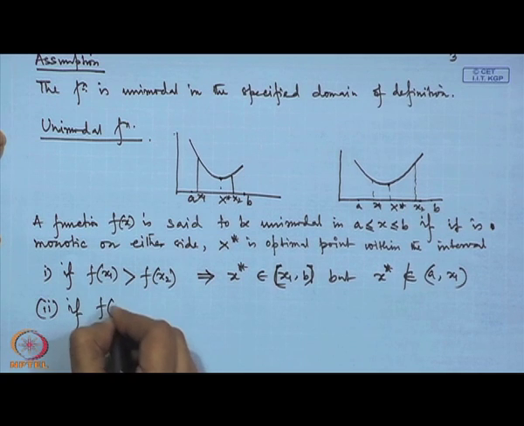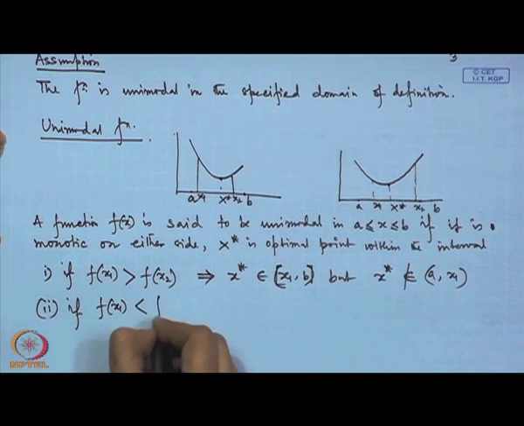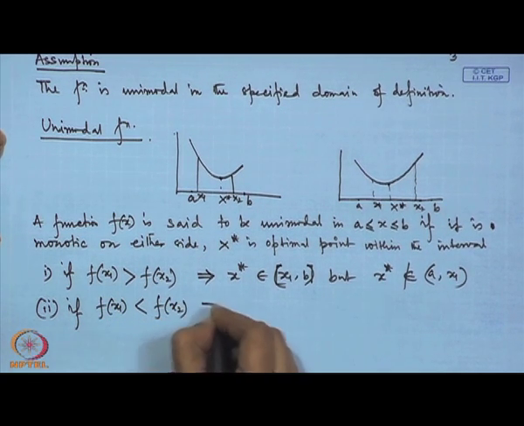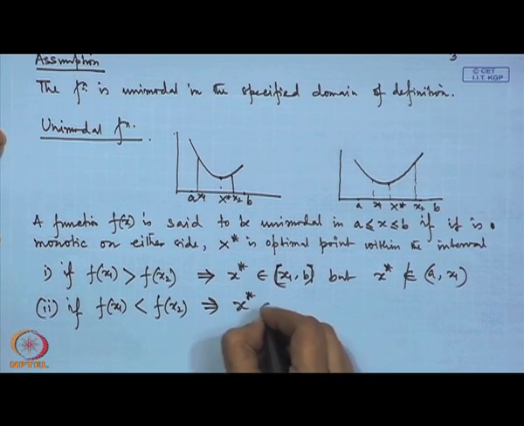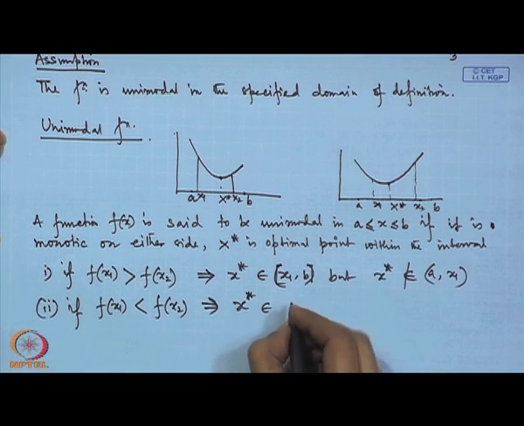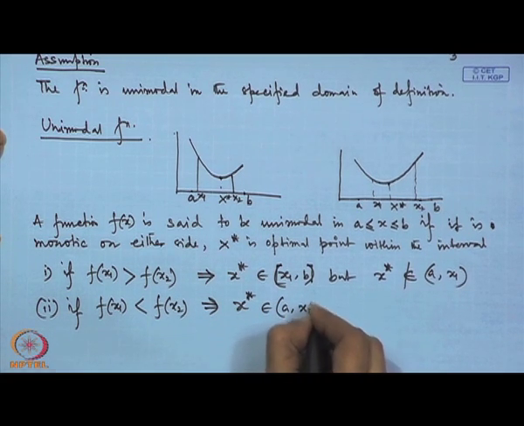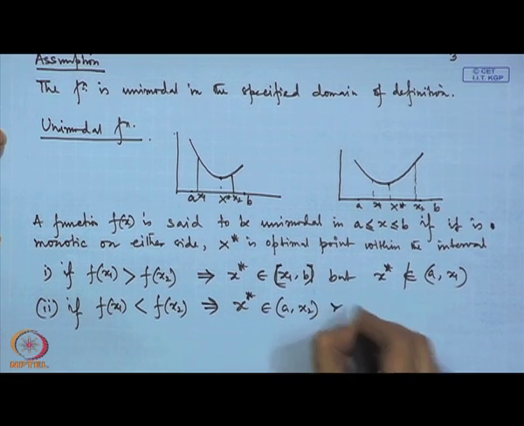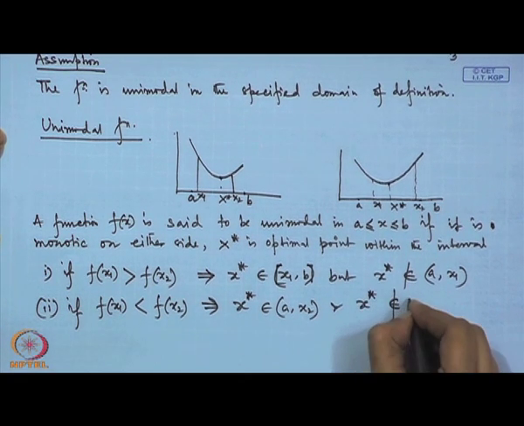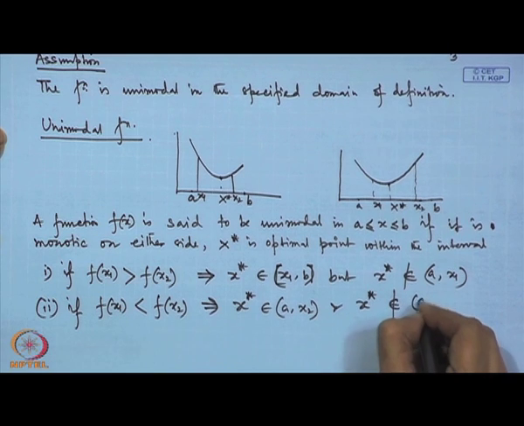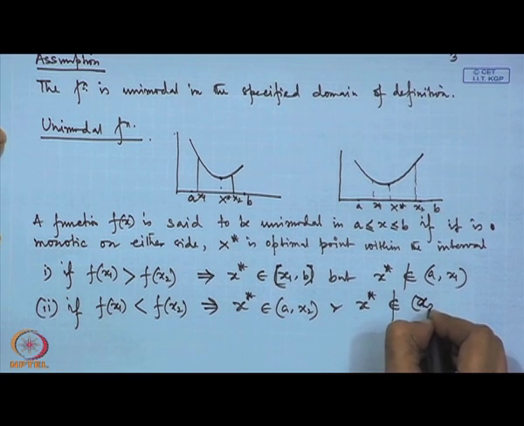If f(x1) is lesser than f(x2), this implies that x star must be within a to x2, and the other condition is that the optimal point cannot be within x2 to b.